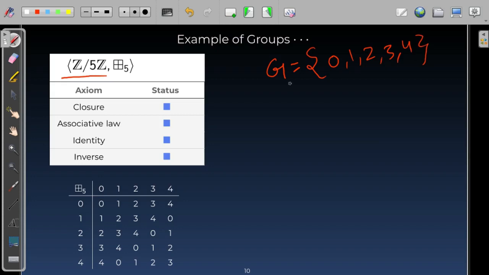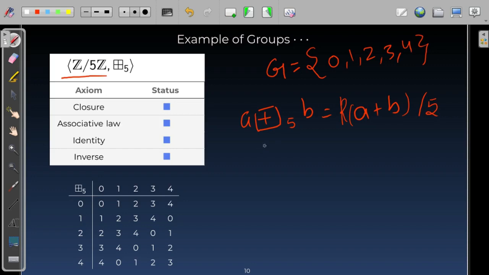Okay, and we are actually doing modulo 5 addition. So if you have a plus-5 b, this is equal to the remainder when a plus b is divided by 5.